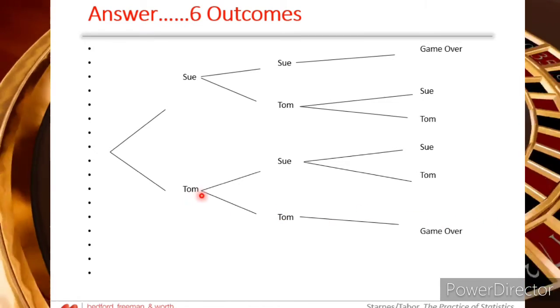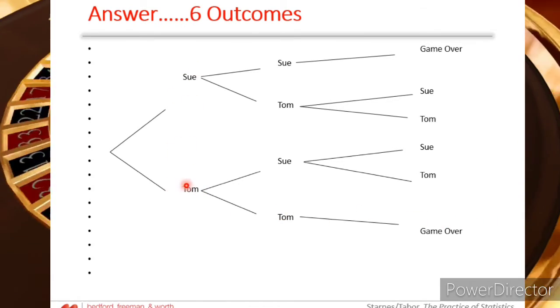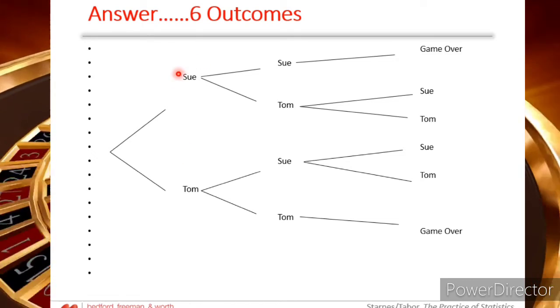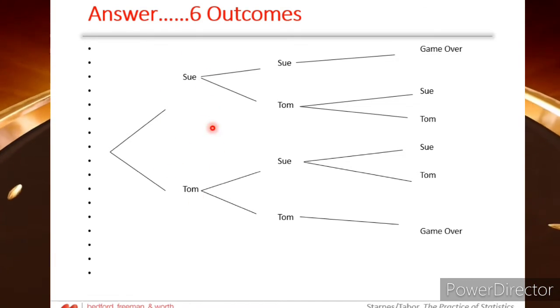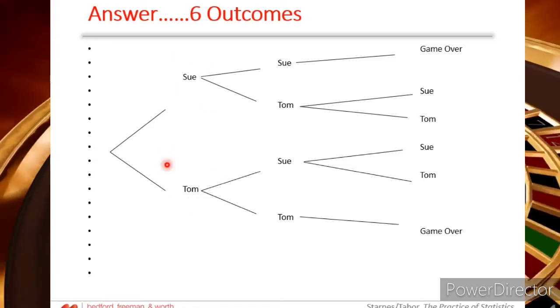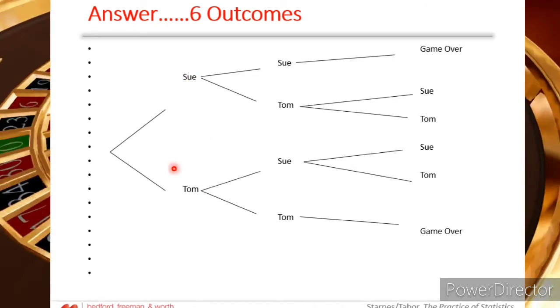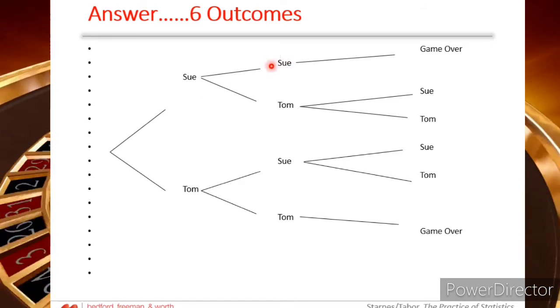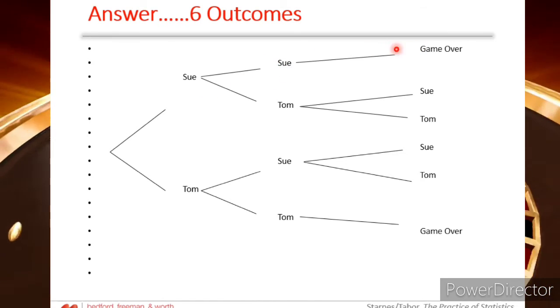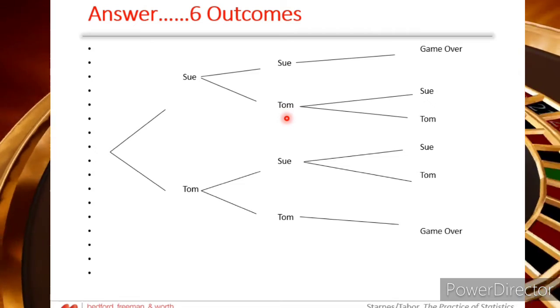Okay? So, ito yung ating first, ito yung ating mga characters. Sila yung magkatunggali sa tournament. Kung nanalo si Sue, sa pangalawa ay nanalo ulit si Sue, game over na. Pero kung nanalo si Tom, isa pa ulit laro.